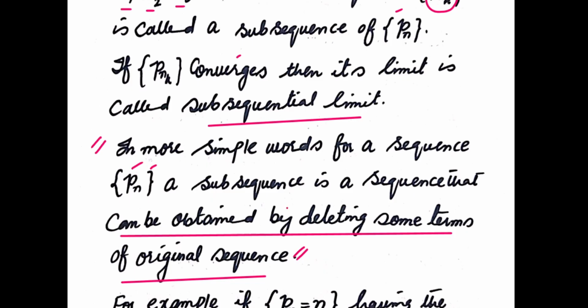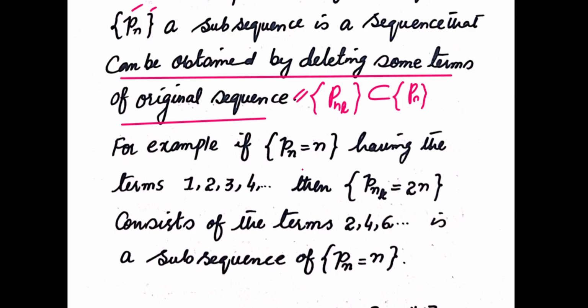A subsequence can be obtained by deleting some terms of the original sequence, meaning the terms of the subsequence Pnk, this set is always a subset of the sequence Pn.